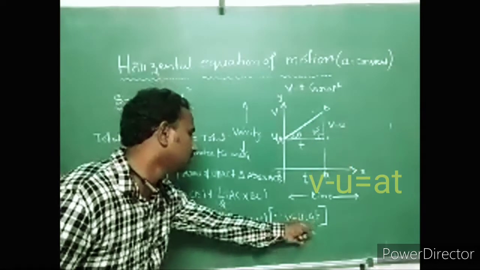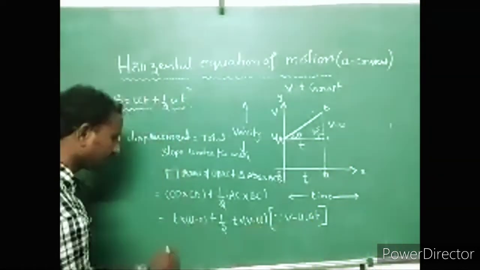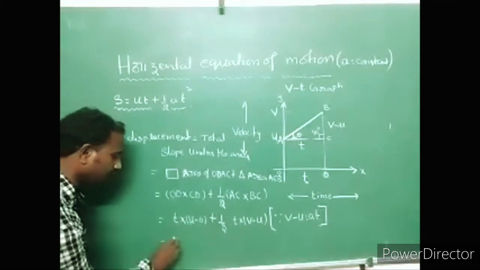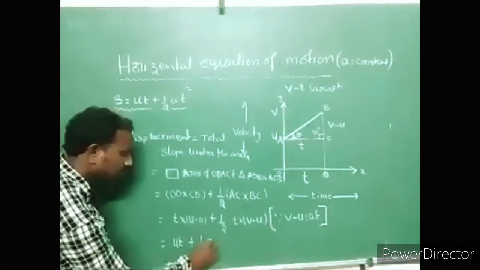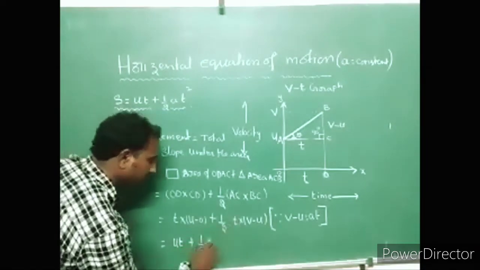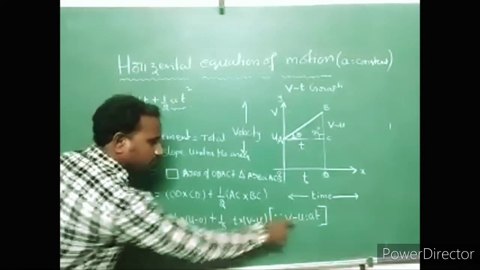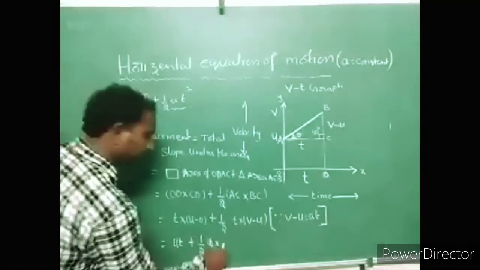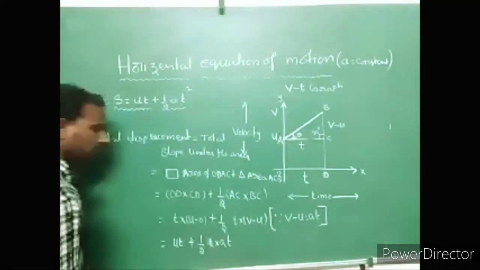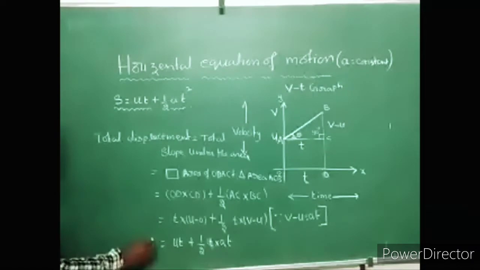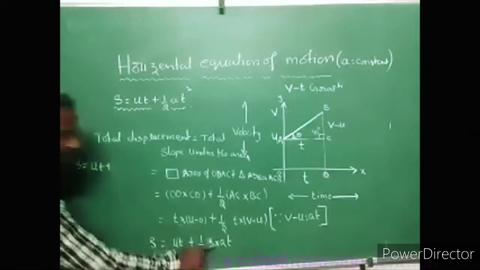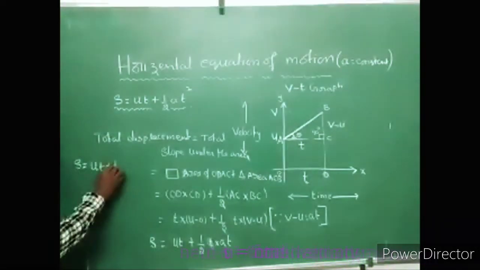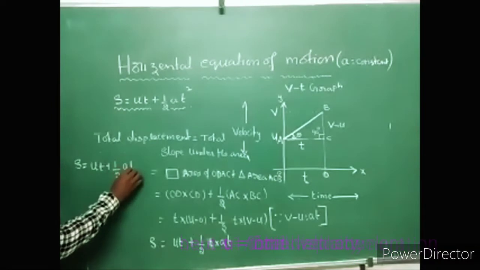we have to substitute this value in this equation. So U into T, UT plus 1 by 2, T into the V minus U value, which equals AT. So substitute. Now total displacement S equal to UT plus 1 by 2 AT square.